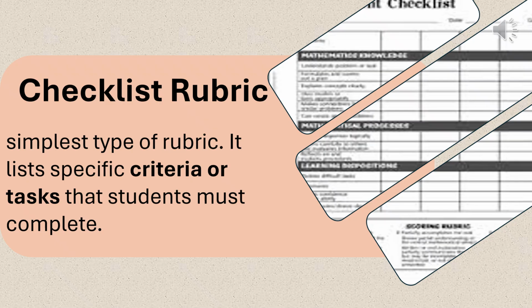For example, in an oral presentation, the checklist may include items such as: did the students introduce the topic clearly? Did they use visual aids? Did they stay within the time limit? The teacher just puts a check if the students meet the requirements or leaves it blank if not.